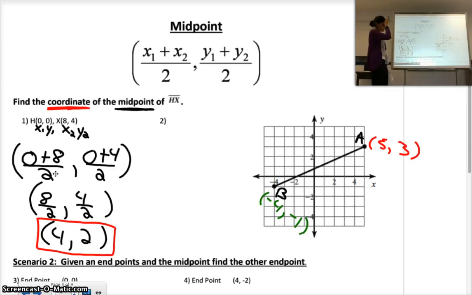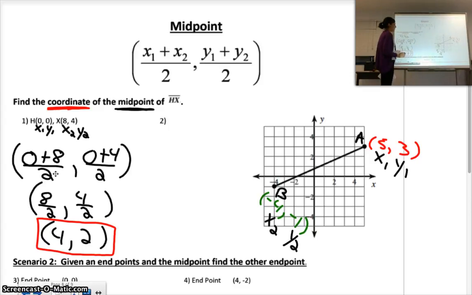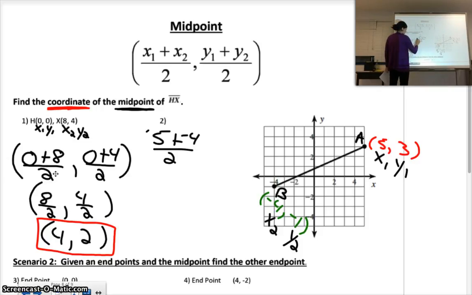Now once we have the coordinates, we can identify the coordinates and label them with x1, y1, and x2, y2. And then we're going to plug in again. So we have 5 plus -4 divided by 2, comma, 3 plus -1 divided by 2.